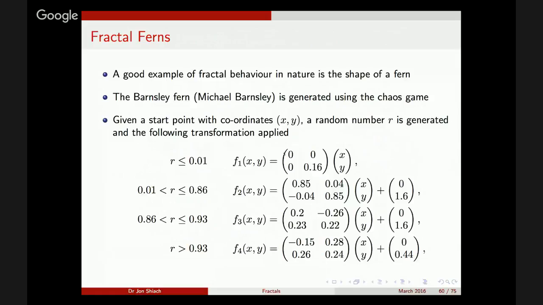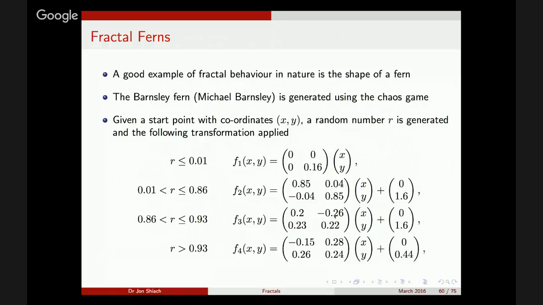So if your random number is less than 0.01, you apply that translation. If it's between 0.1 and 0.86, you apply the second one, and so on. So there's a 1% chance you do the first one. There's an 85% chance you do the second one. Something like 7% chance for 3 and 4.